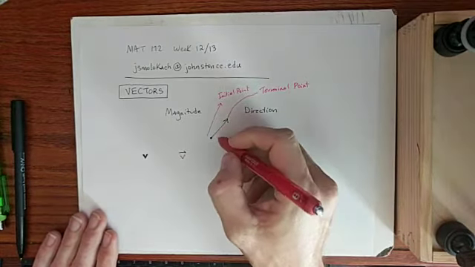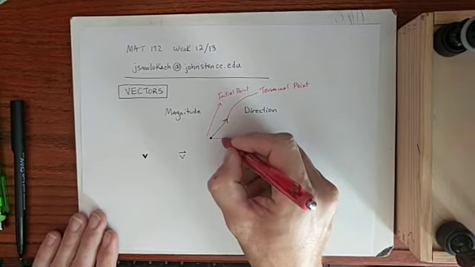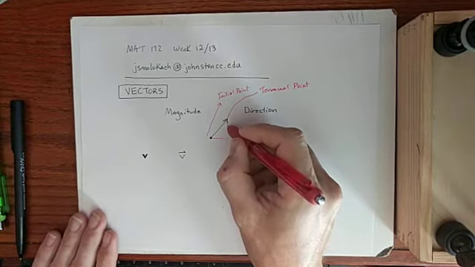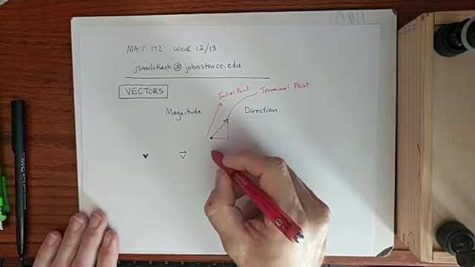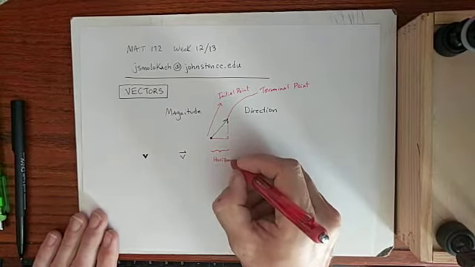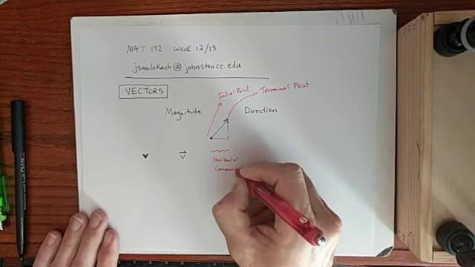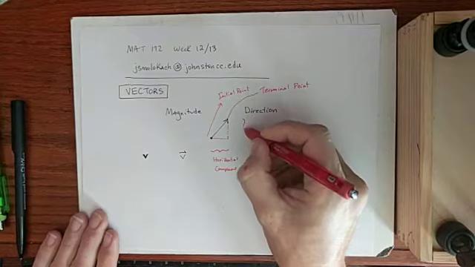And in the vector, we can measure this vector with two components. Okay, so one is called the horizontal component. And you guessed it, the other one's called the vertical component.